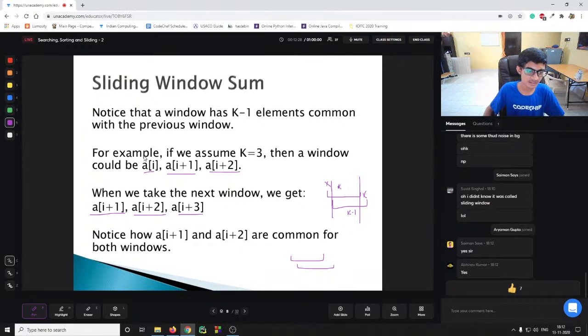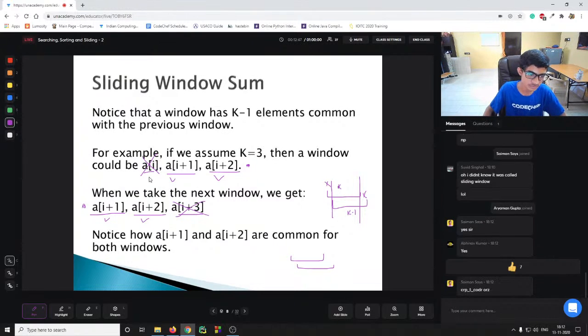Now notice that a of i is not in the second window, and a of i plus 3 is not in the first window. But these two are already in both windows. So we are just removing a of i and adding a of i plus 3. So this would be just two more iterations.